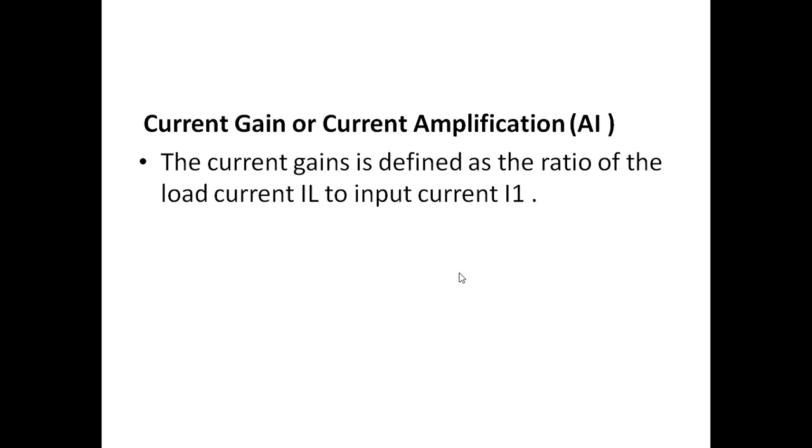Current gain, just now we discussed. Current gain or current amplification factor AI. The current gain is defined as the ratio of load current IL to the input current I1, or the ratio of output current to the input current is nothing but current gain.